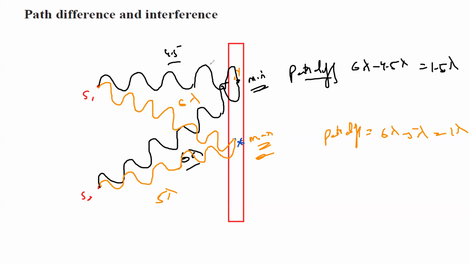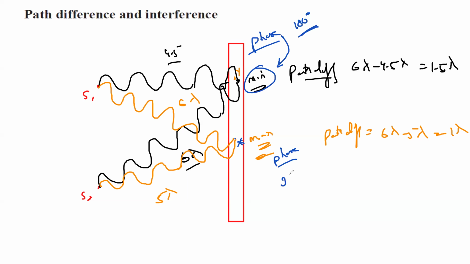And what about the phase difference? If I say it's a minima, without calculation you can say that the maxima is constructive and the minima is destructive. What is the phase difference? Because it's a destructive interference, the phase difference of destructive interference is always 180. And if it's a maxima, what is the phase difference?